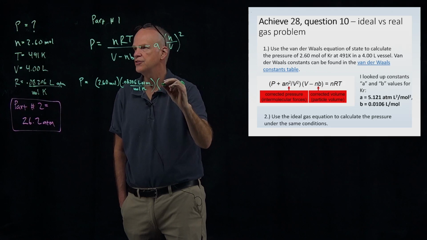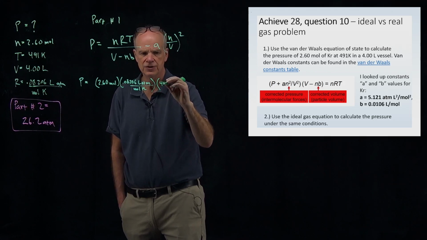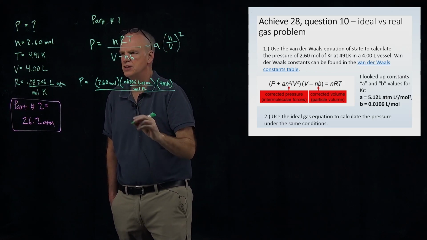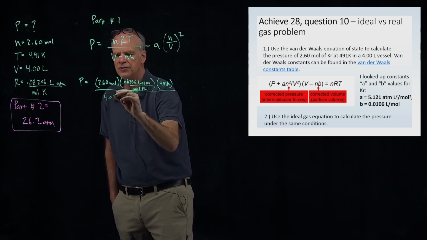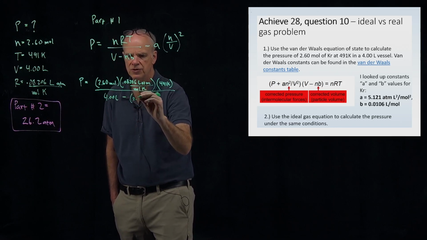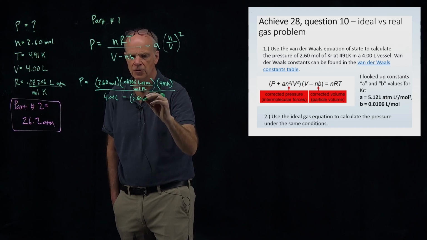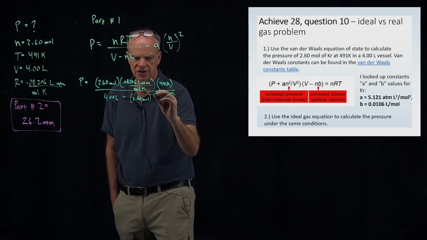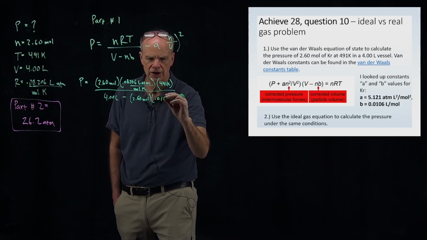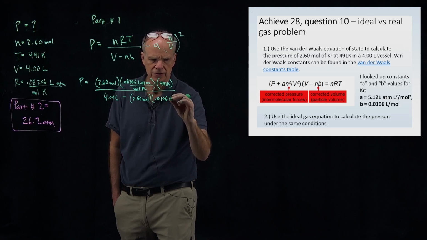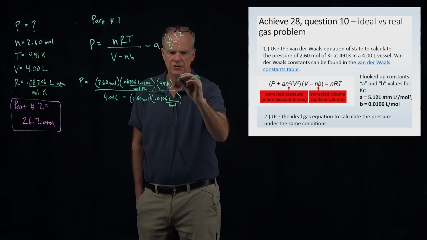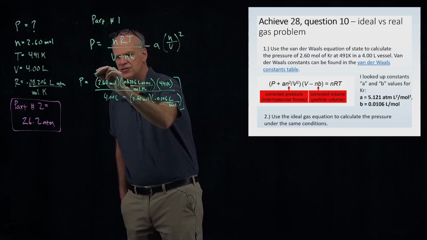T is going to be 491 K. And then over, V is 4.00 liters minus n, 2.60 mole, and that has to be multiplied by b. And so b is 0.0106 liters per mole. All right. Put that in brackets there.